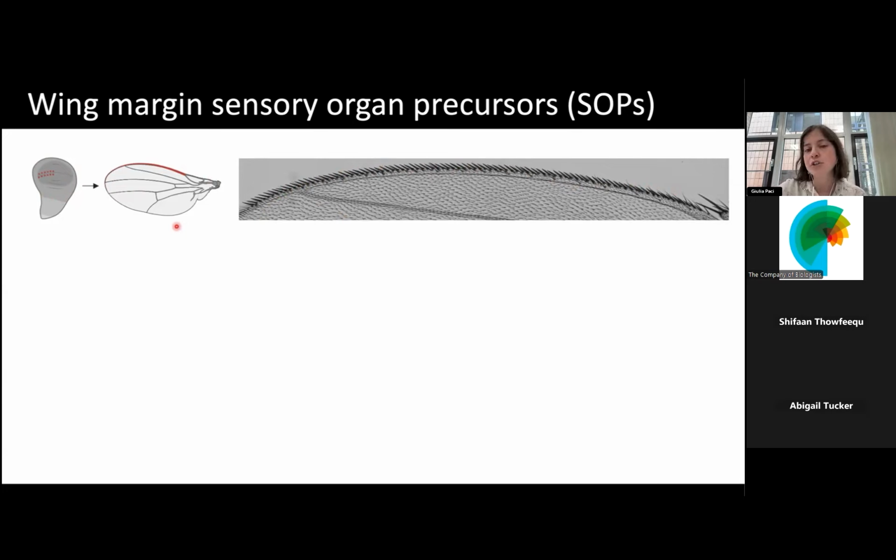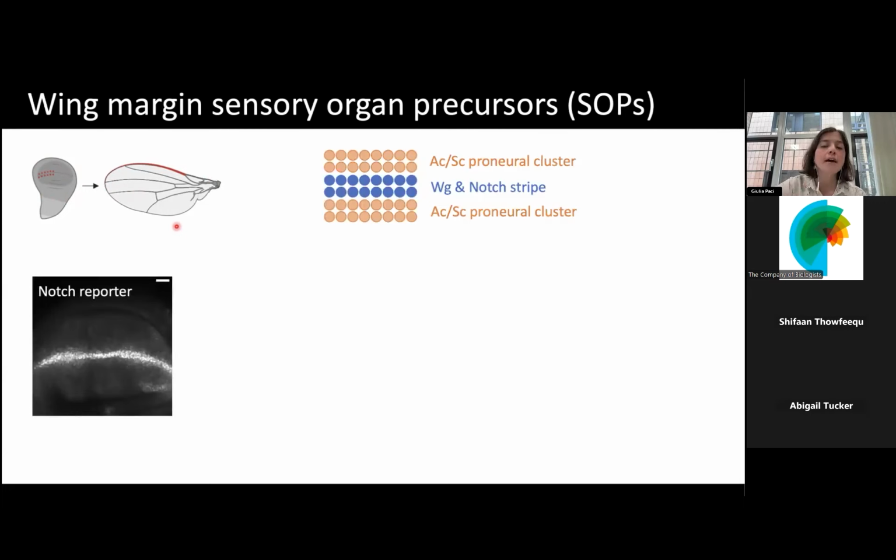The way that we understand this patterning in the fly is that at an early stage there is an expression of Wingless at the wing margin, and this drives a high expression and high activity of Notch at the wing margin, which you can see down here in this Notch reporter that very clearly marks the dorsoventral boundary. From that central stripe, two proneural regions are induced on both sides, as you can see here.